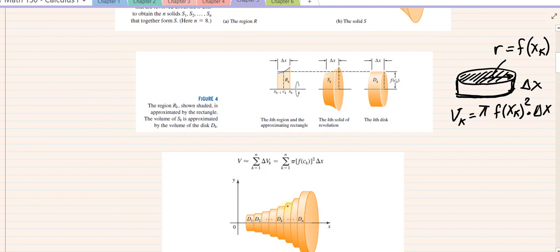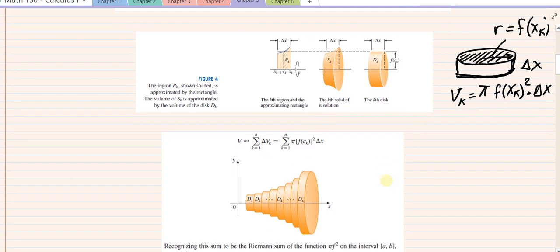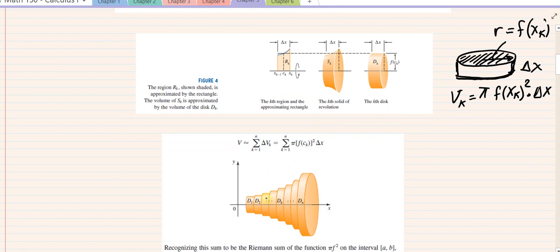Now these disks, each will have the radius at the evaluation point, which creates the disk of a given radius. The sum of these individual disks will amount to an approximation of the volume of that solid. And each of these, what's in front of sigma, you have pi r squared times thickness.